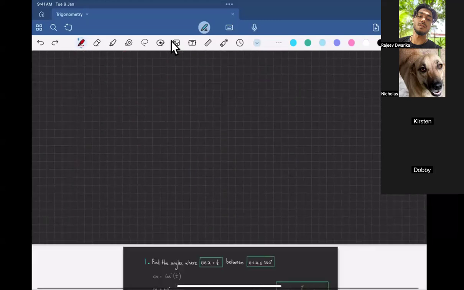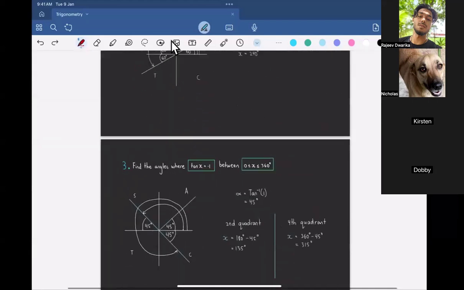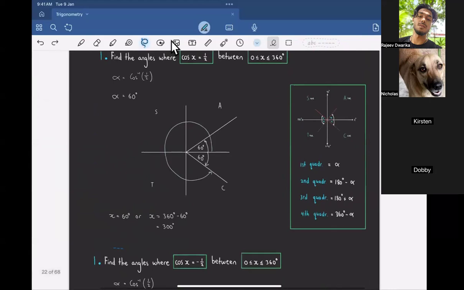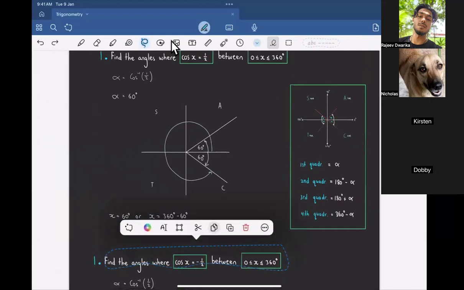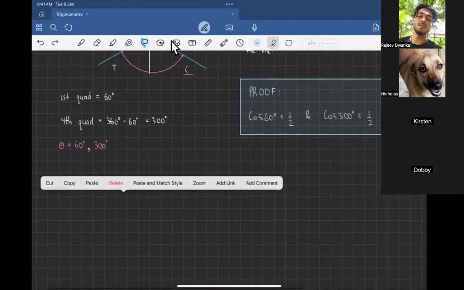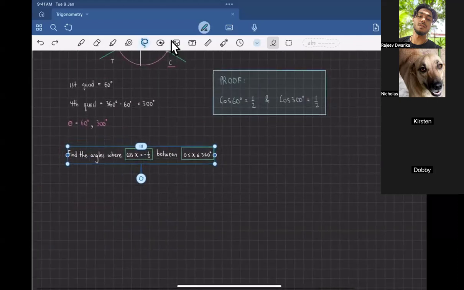So let me give you all a question now. I'm going to change up things a little bit now. I want you all to find the answer where cosine is negative.